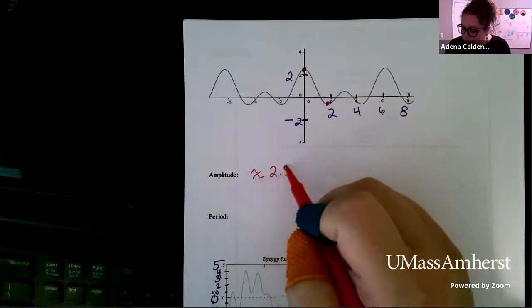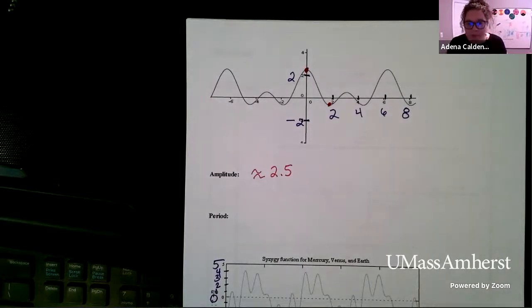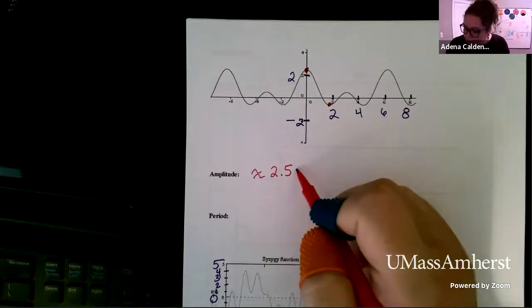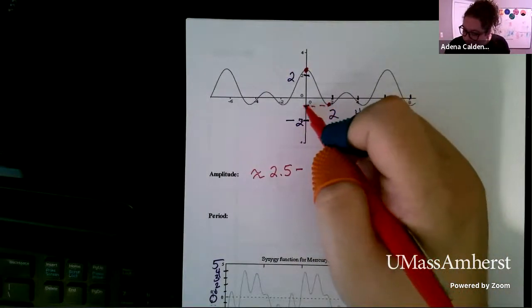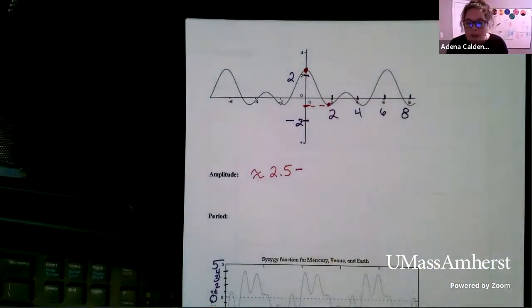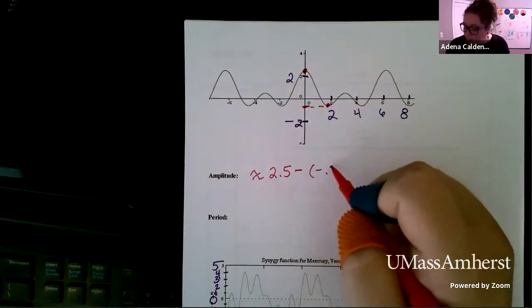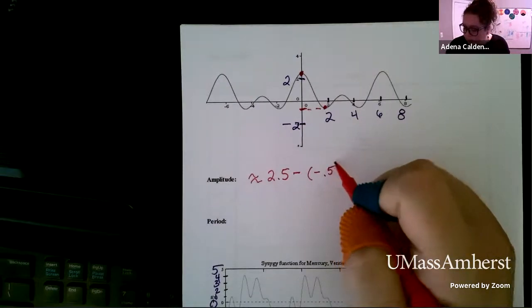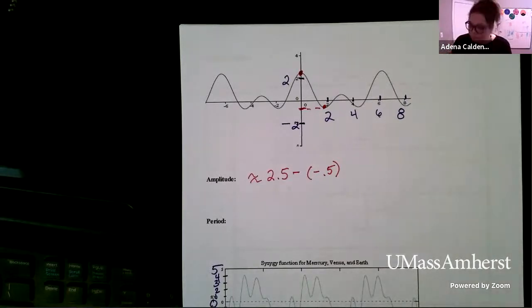If you picked anything between like 2 and 3, you're on the right track. You may have said 3, you may have said 2.75. That's totally fine. Then for my minimum, I called that negative 0.5. So if you said negative 0.5 or negative 1, you're good to go.